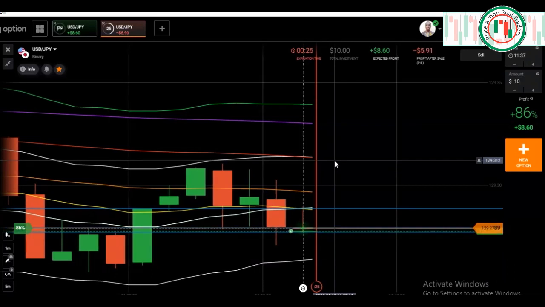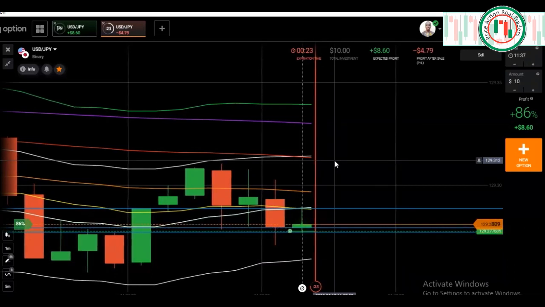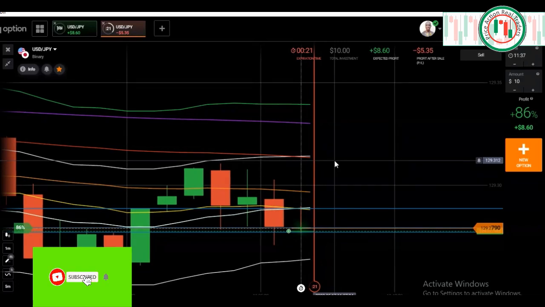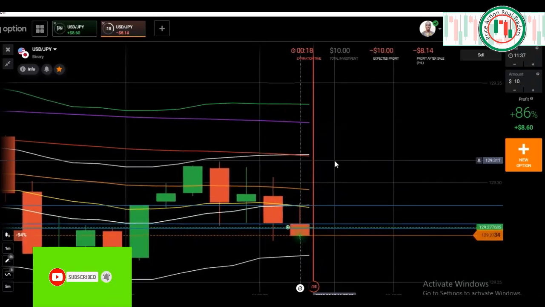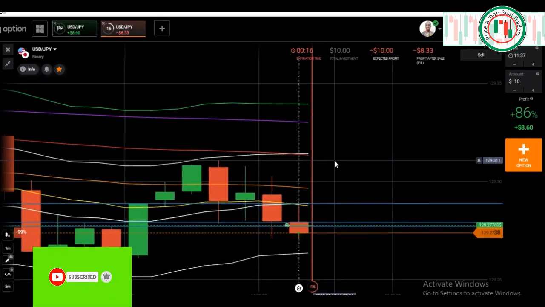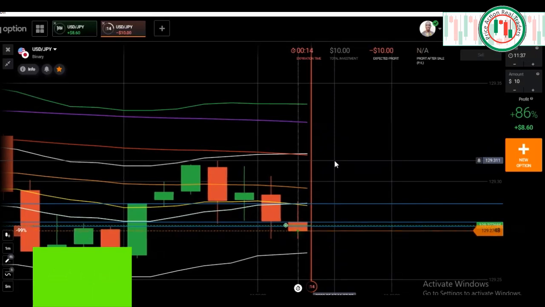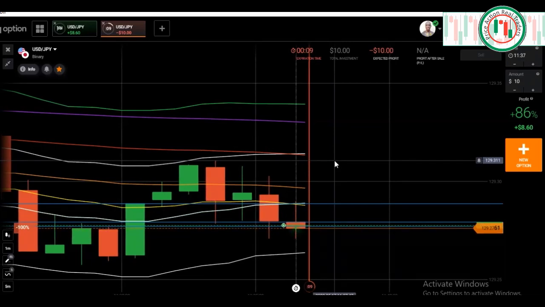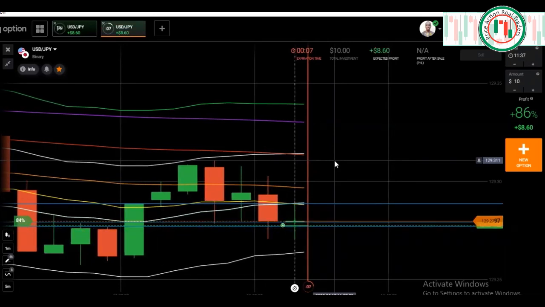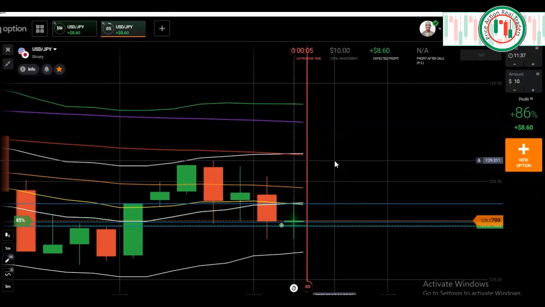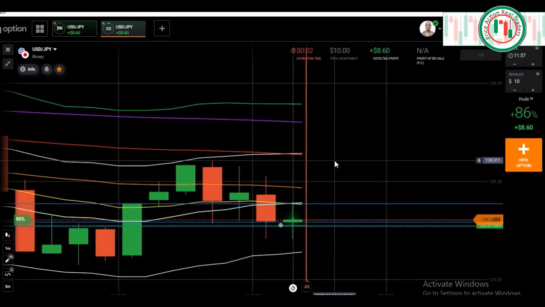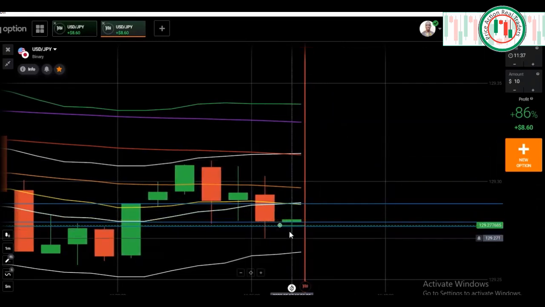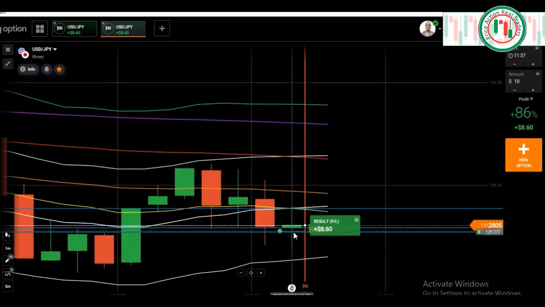The market is doing panic, but I know definitely buyers must enter at this level. At this zone, buyers must enter. You see buyers entry at this zone, very weak buyers.